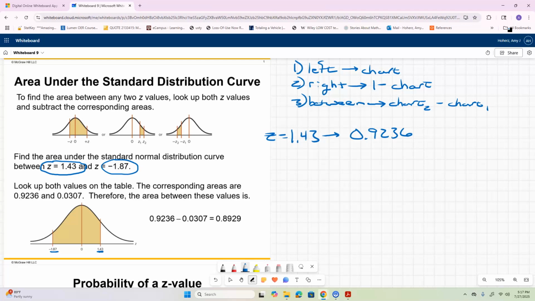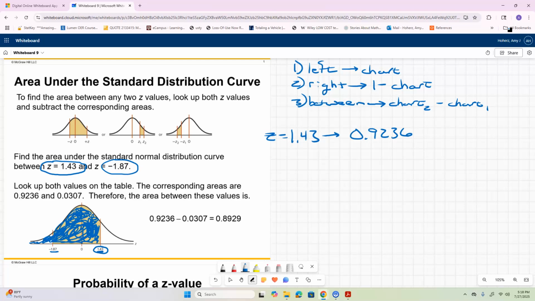Now what does that mean? Well, that means that the area from here left, all of this area, not just the shaded area, is 92.36%.